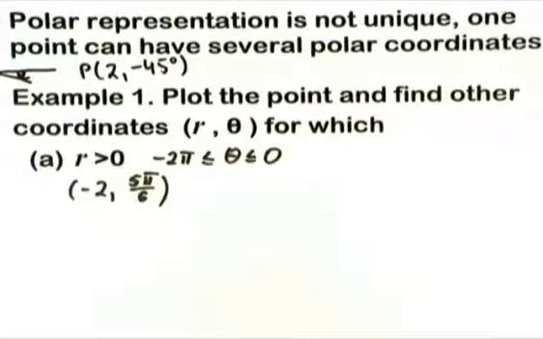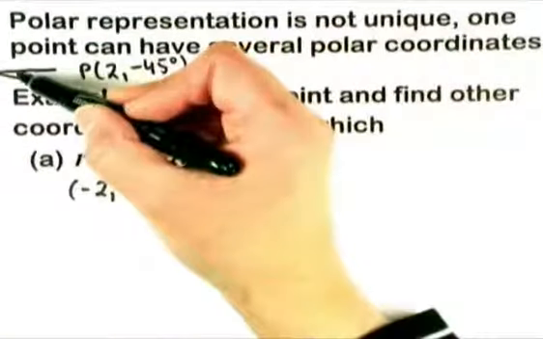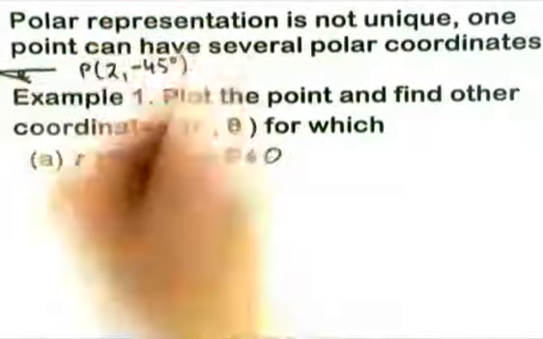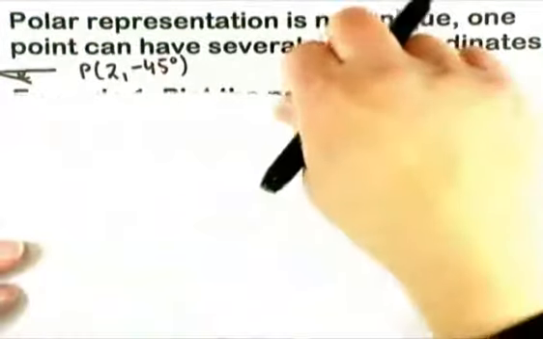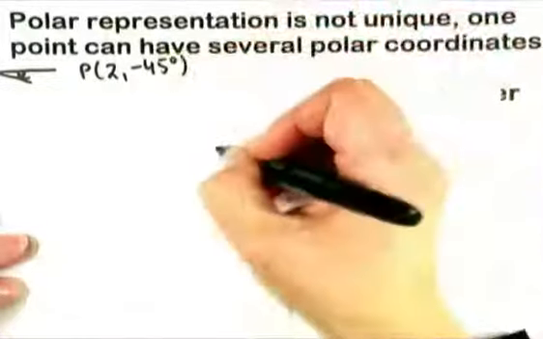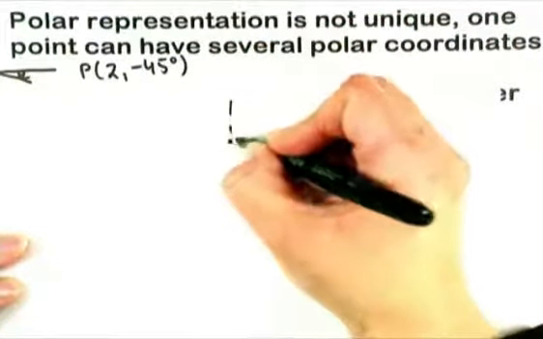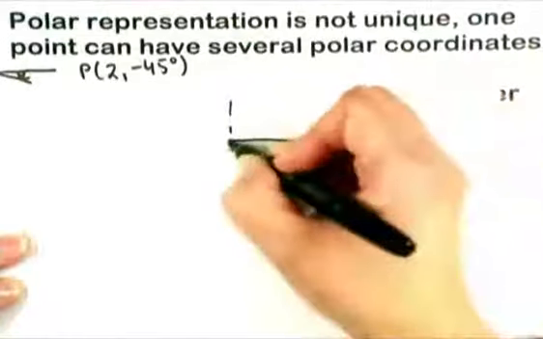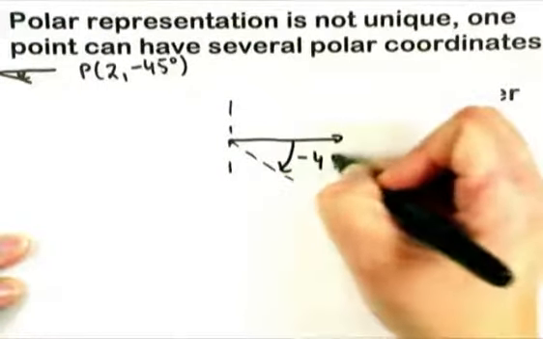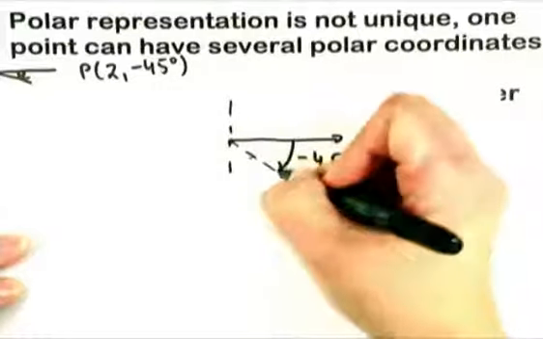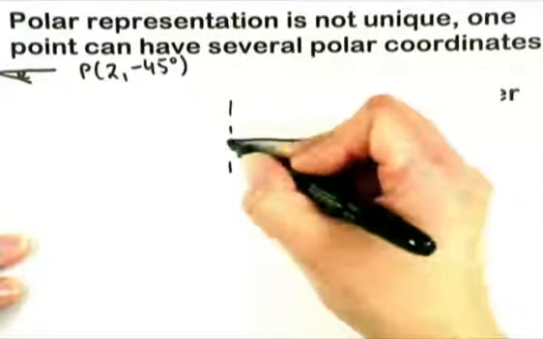So we can always write this as an angle, either the opposite angle. Like this example, if I would like to plot it, here's my polar axis, 45 degrees, -45 degrees right here. So the point has two distances to the right.